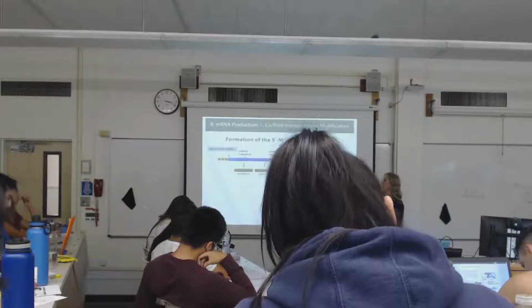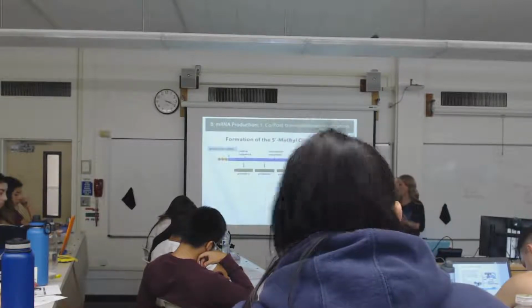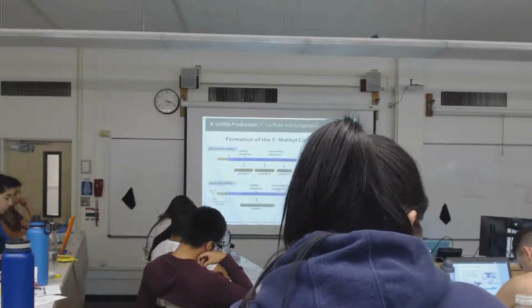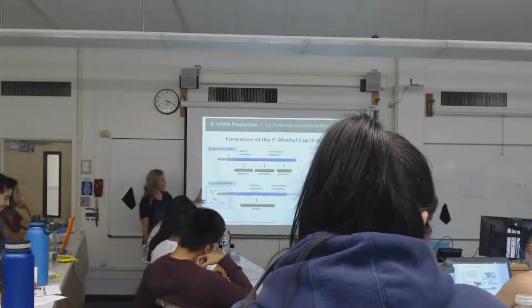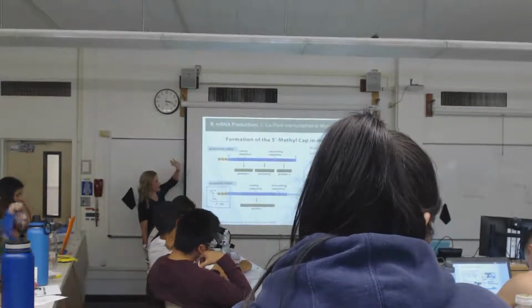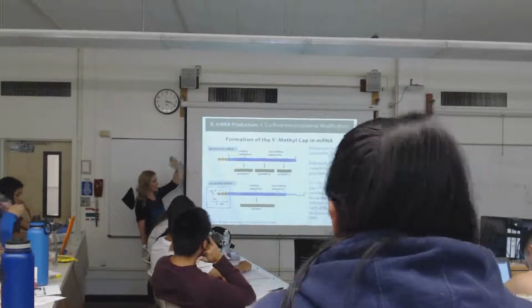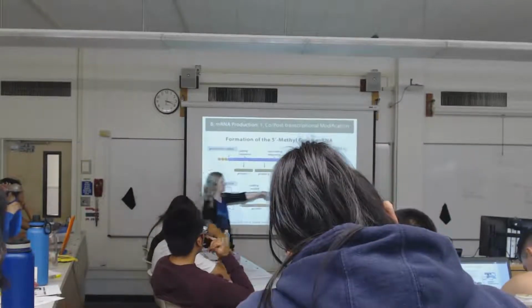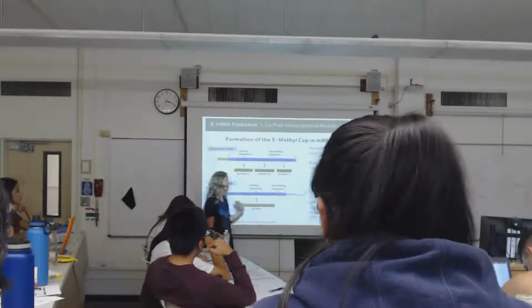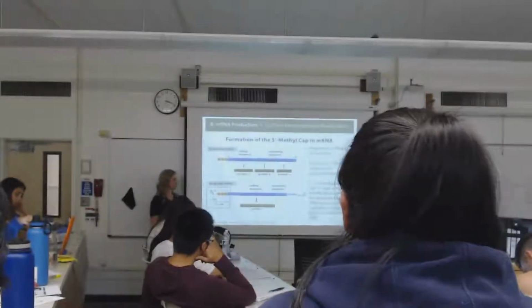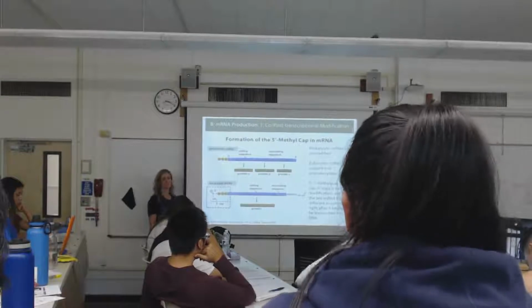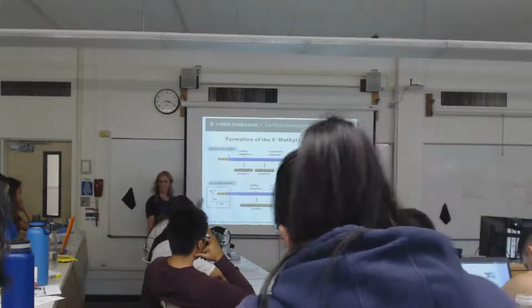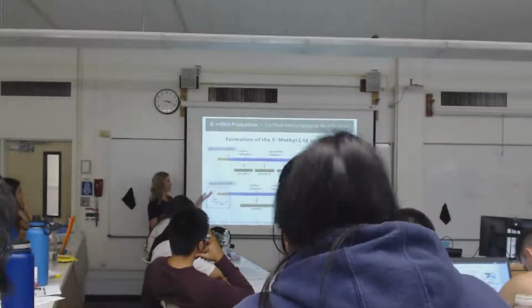We're more complex. Eukaryotic mRNA is capped and polyadenylated, and so the cap happens at the 5' end. I mentioned 5' cap, that's what I'm going to say, but if you ever see 5' 7-methylguanosine cap, it's the same thing, just more descriptive.